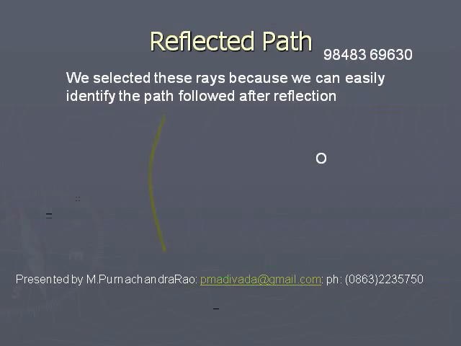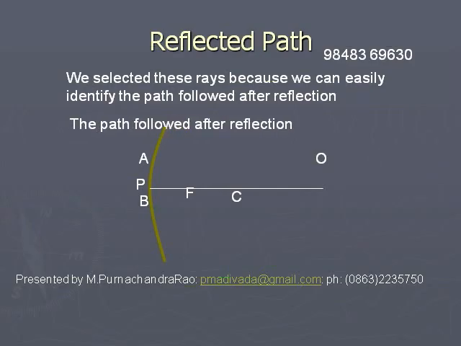This is because we can easily identify the path followed by these rays after reflection. For example, the ray which is incident parallel to the principal axis passes through the focus after reflection.